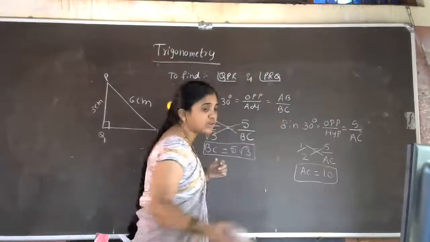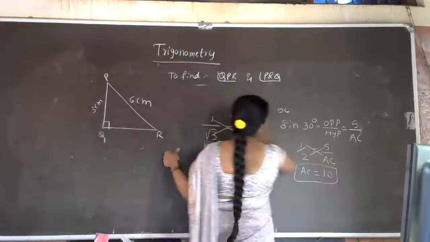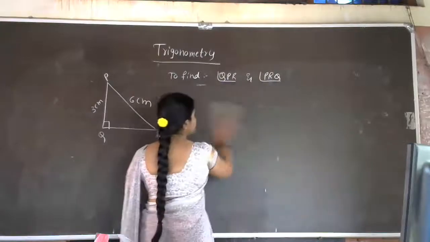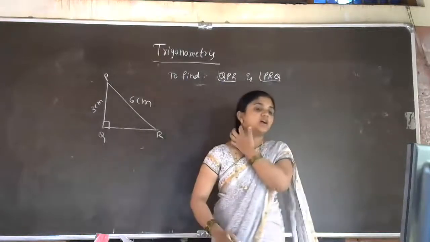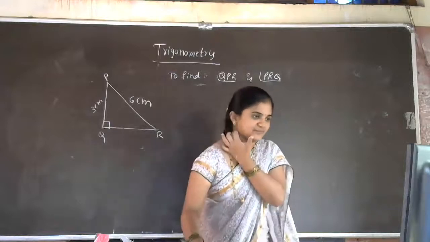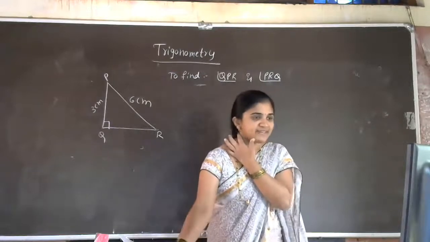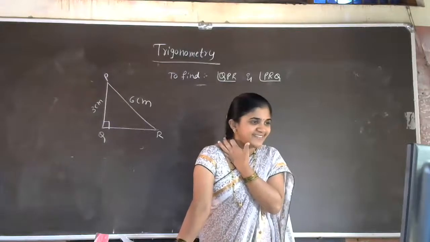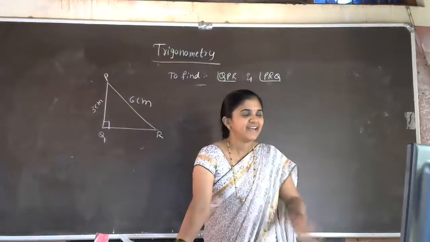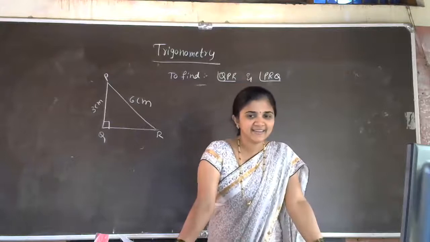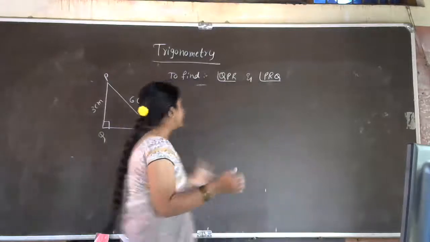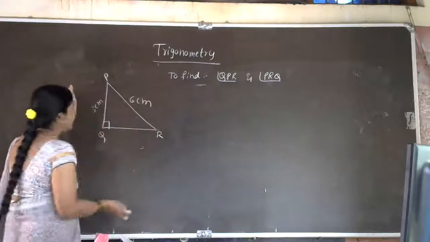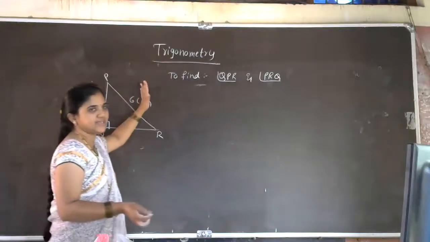Which trick, which concept can we apply here? Fatafat, tell me. Is no one ready? Two sides are given, 3 and 6. So 3 divided by 6.